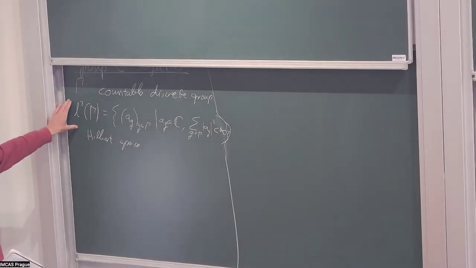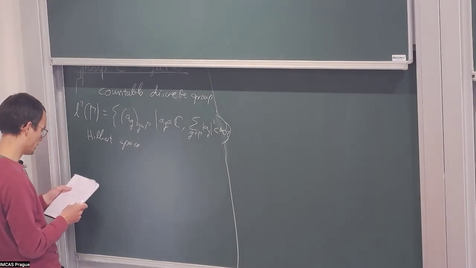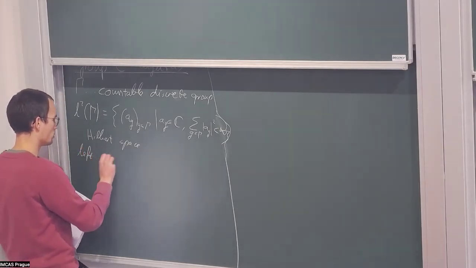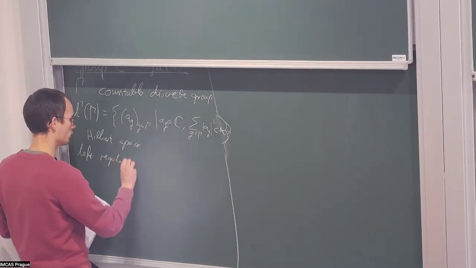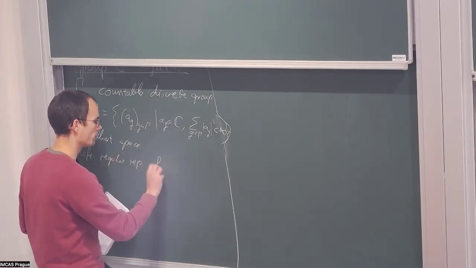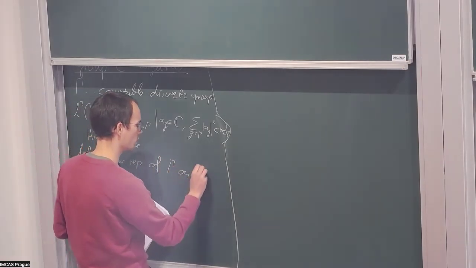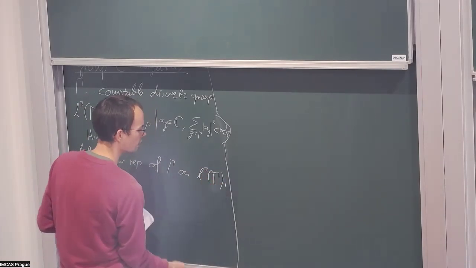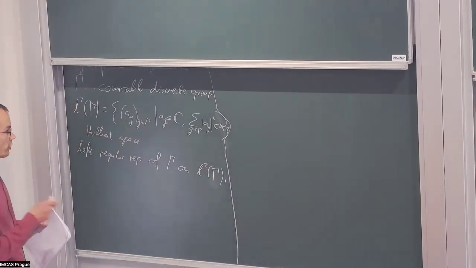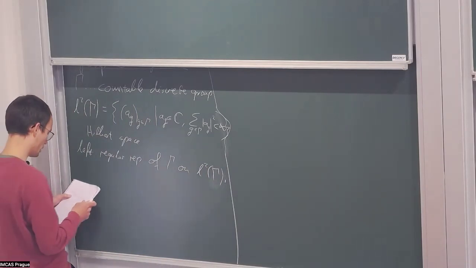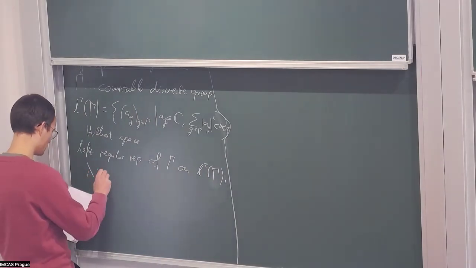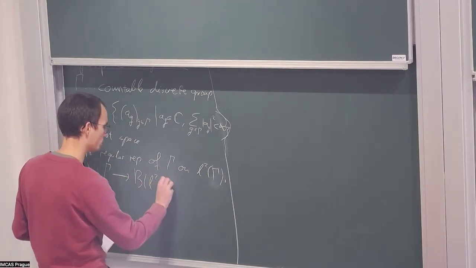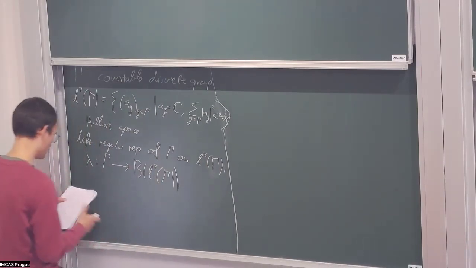Okay, so this is a Hilbert space, and we can define the so-called left regular representation of gamma on L2 of gamma just by shifting, right? So I call this lambda. This is a map from gamma into B of L2 of gamma. And what does it do?